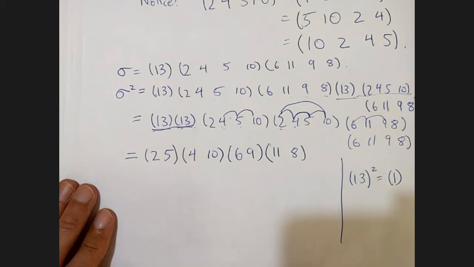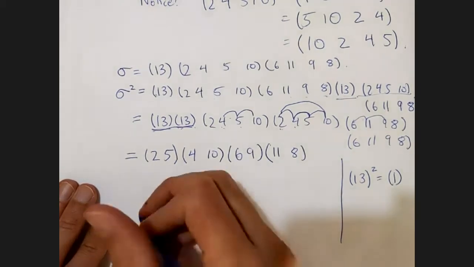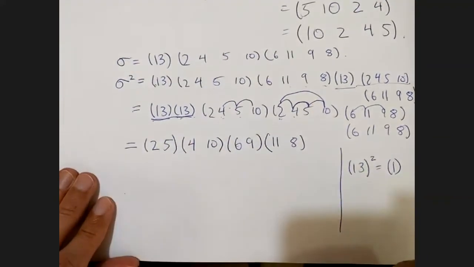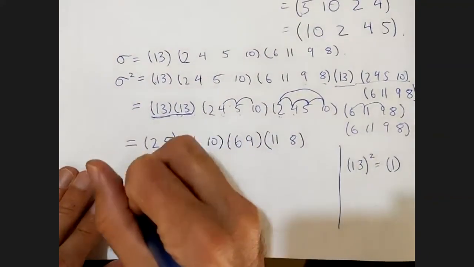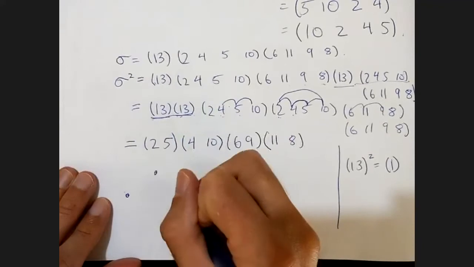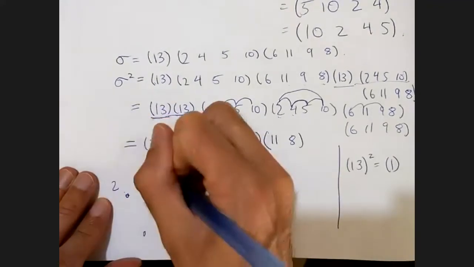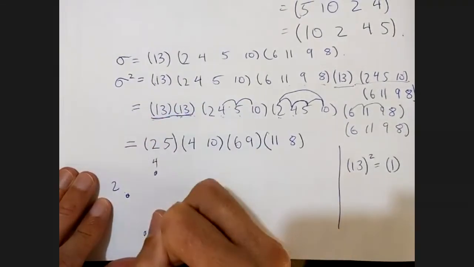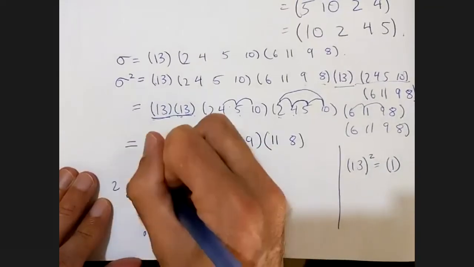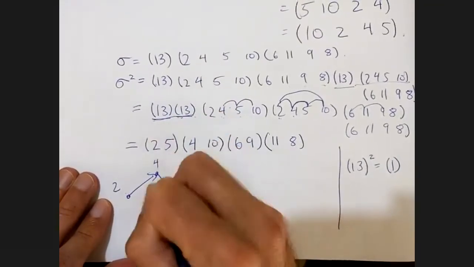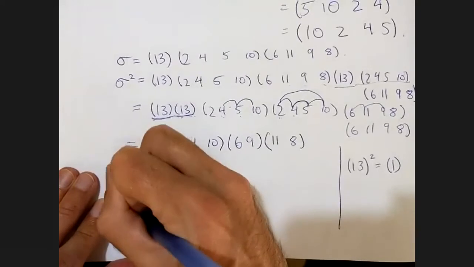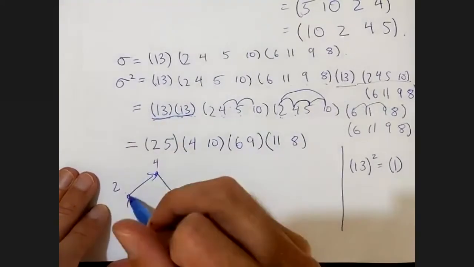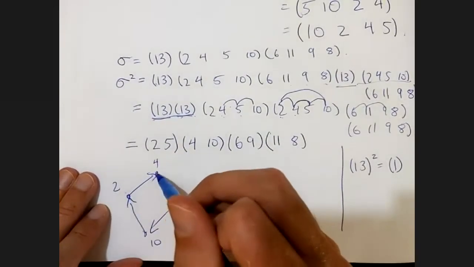Let me try and describe it with a picture so we can visually see what's happening. Here's one of the cycles. Each arrow represents applying sigma once.